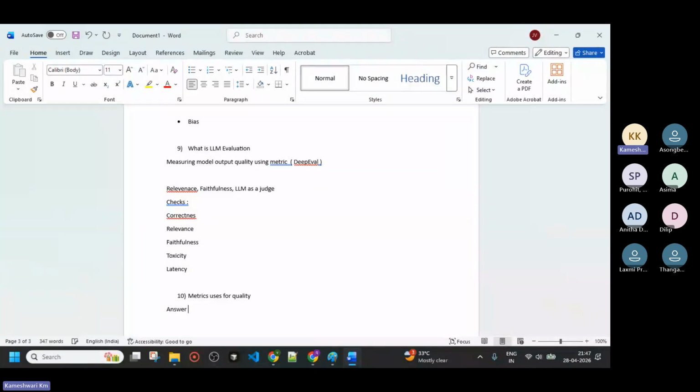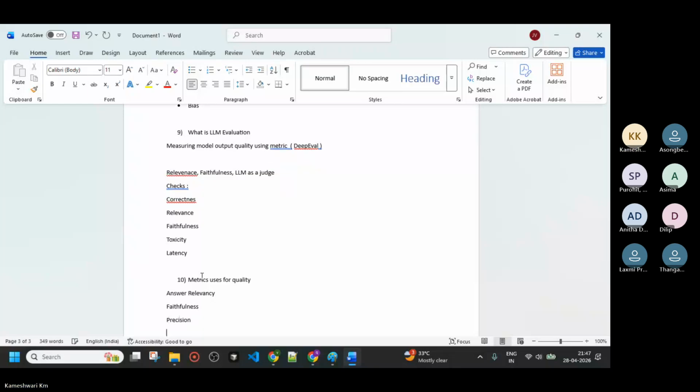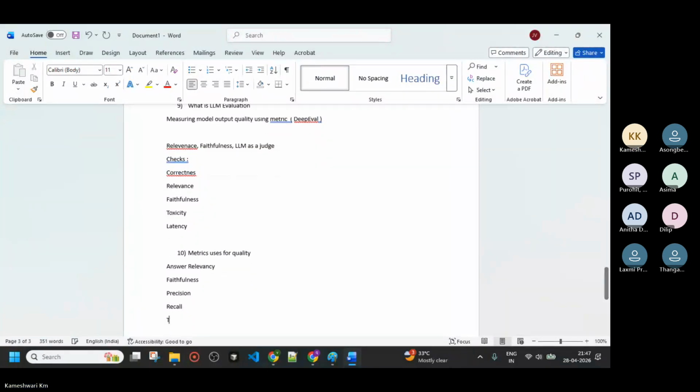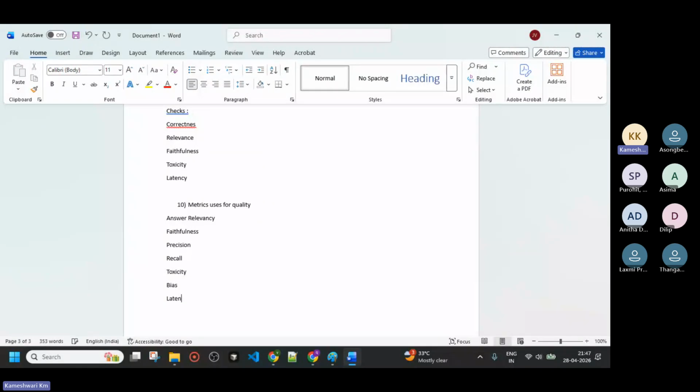You can apply these anywhere, but be careful about what they have been asked for: answer relevance, faithfulness, precision, recall, toxicity, bias, latency, and hallucination rate.